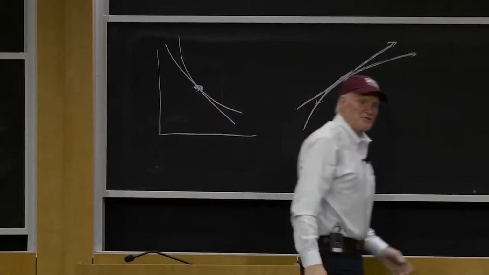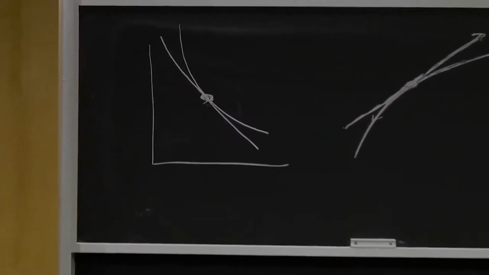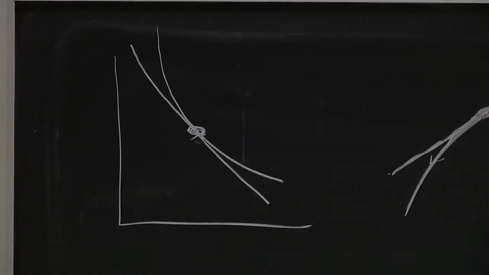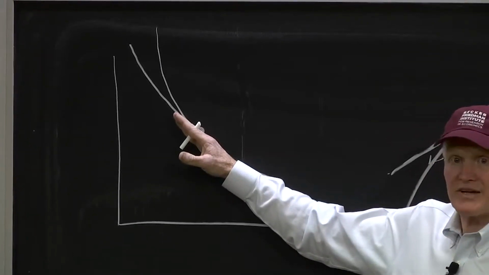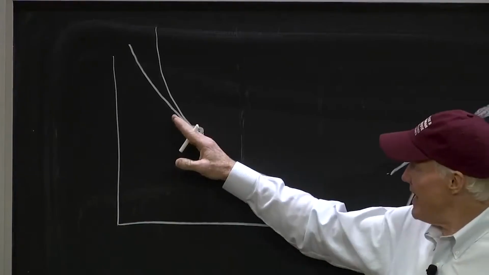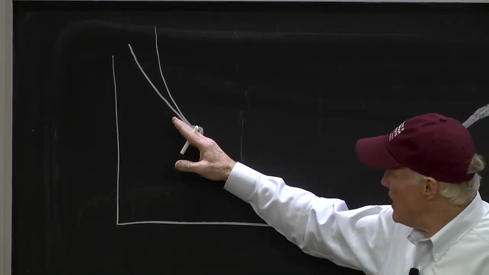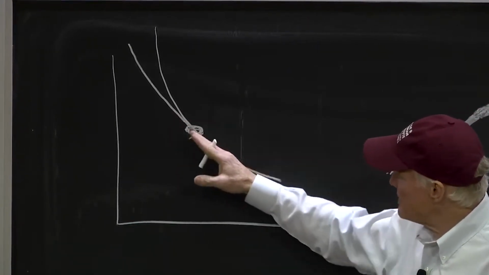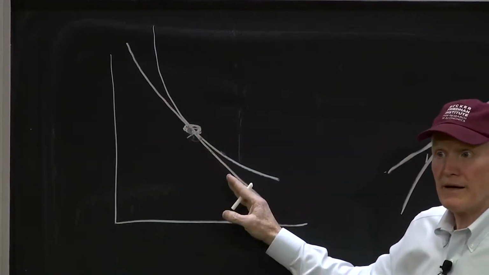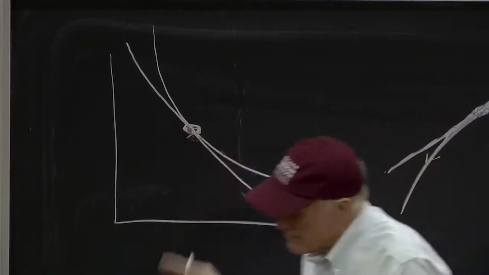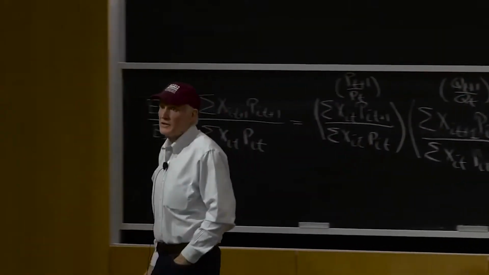And it doesn't matter if it's two dimensions, 3 dimensions, 1,000 dimensions. It doesn't matter. He's always going to be at that point where he's tangent. And because he's tangent, changes in his utility can be approximated by how you would move along the budget line, right? So that is the first order approximation to the utility function.